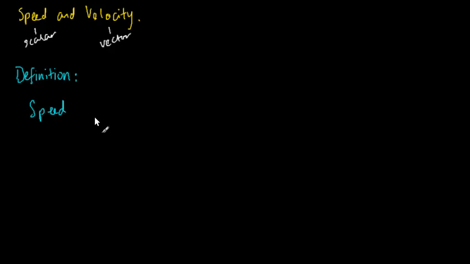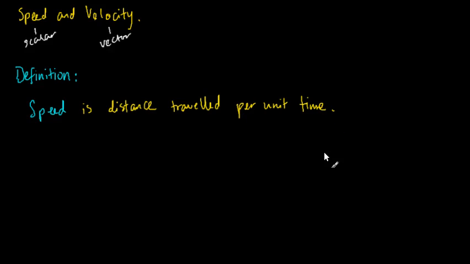A very simple way to write it would be just to say that speed is the distance traveled per unit time. Distance traveled per unit time. That's one possible way to describe it.